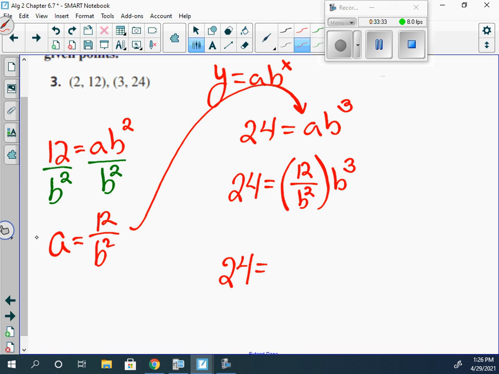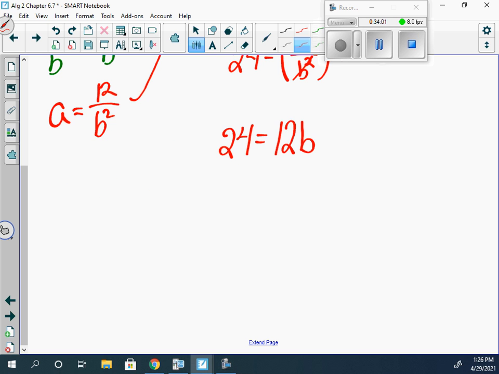If I multiply 12 divided by b squared by b to the third, what would we get? Well, 12b, because the b cubed over b squared, 2 of the b's on top will simplify with the 2 on the bottom, leaving me with just 1. Now what do we need to do next? Divide both sides by 12, which tells us that b is equal to 2.